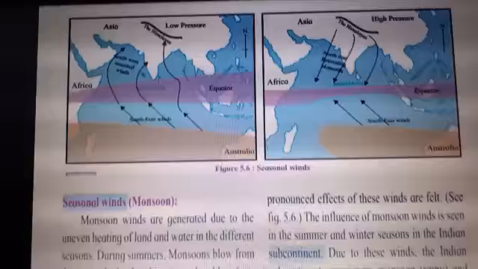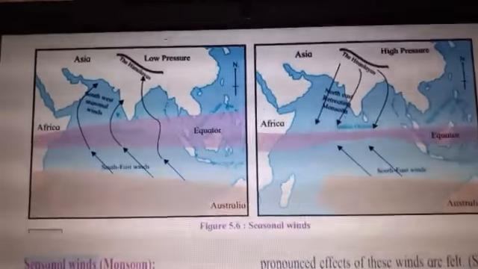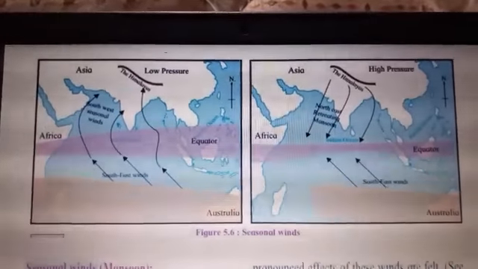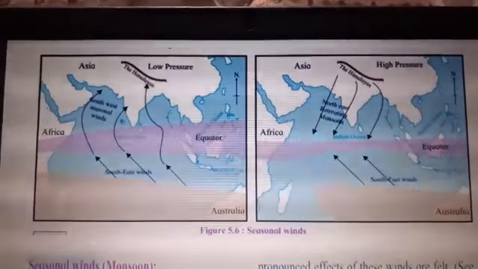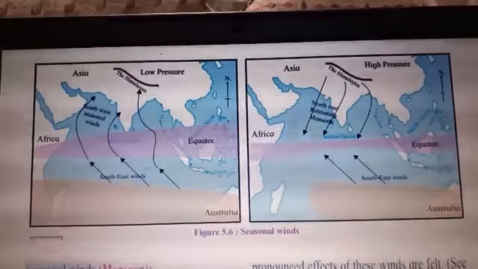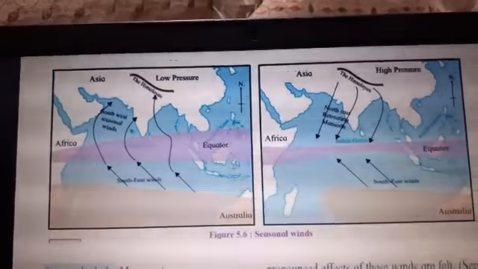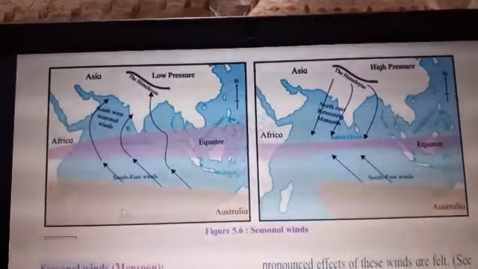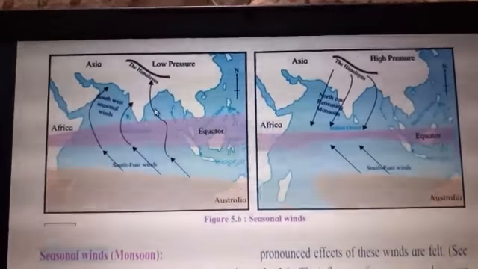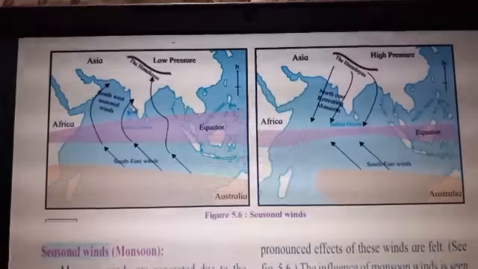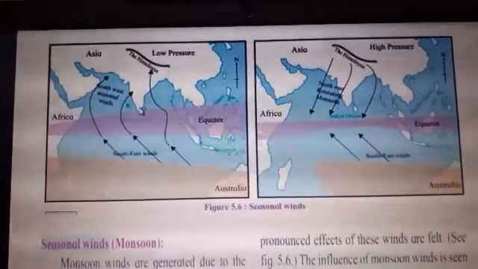Okay. Let's continue, children. Now you can see the diagram which you are observing on the screen is 5.6 seasonal winds. Right? You are observing the diagram of seasonal winds. Now you can see here in this diagram, it is the equatorial region. And you can find here what? This is our country, that is the Indian continent.